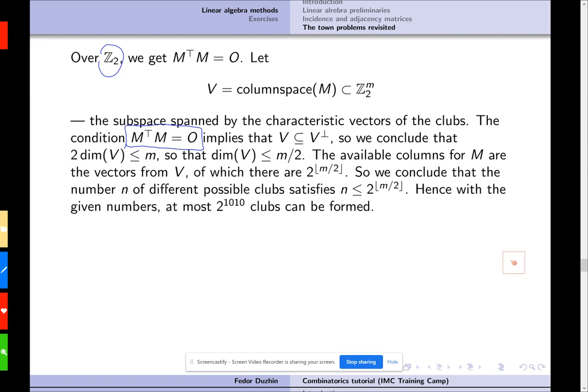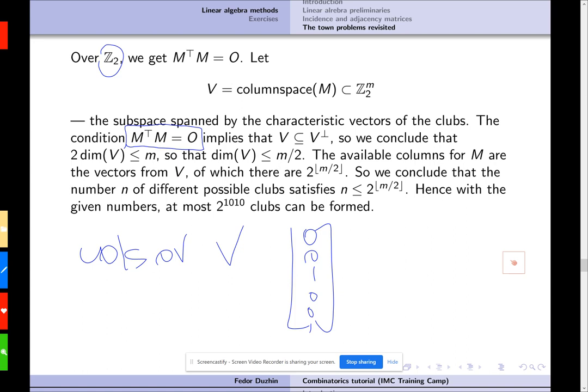But the column space is spanned by individual columns, and individual columns of M are just characteristic functions of clubs. So every column of M looks like zeros and ones, with ones at positions corresponding to people who are in that club, and zeros corresponding to people who are not in that club, right?